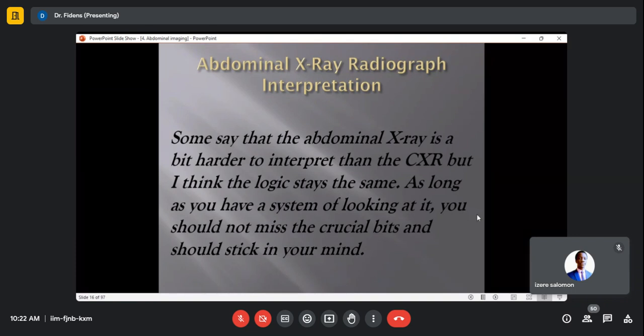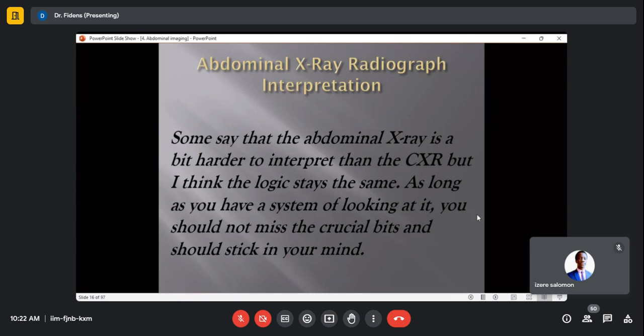What is most important here is having a system, having a method. As for chest radiograph, remember, you have to follow a method. If you don't follow the method, you will miss. The same for abdominal X-ray, there is a method. There is a system you have to follow.